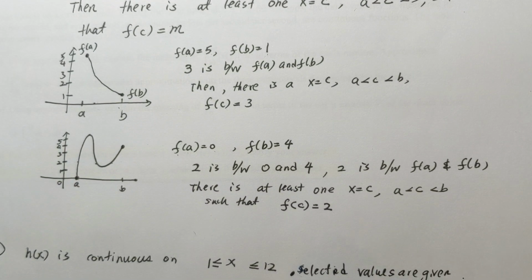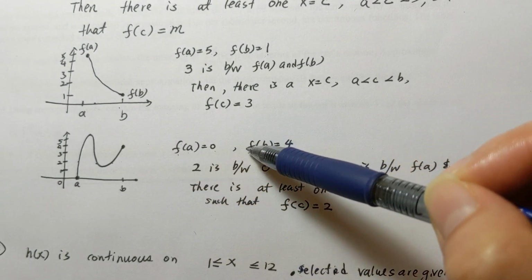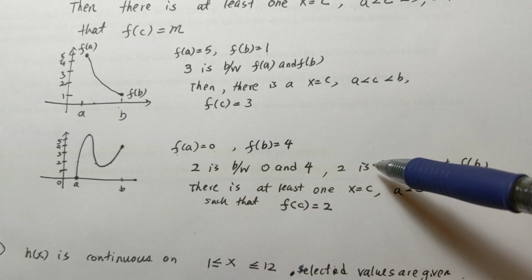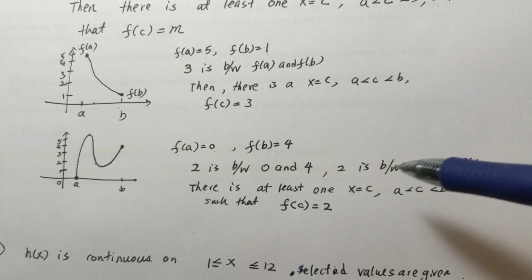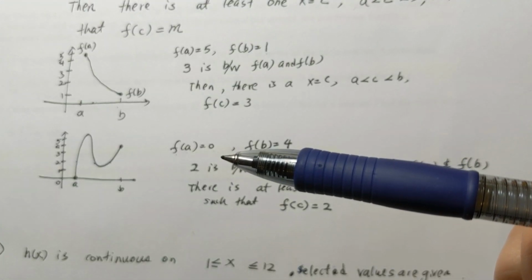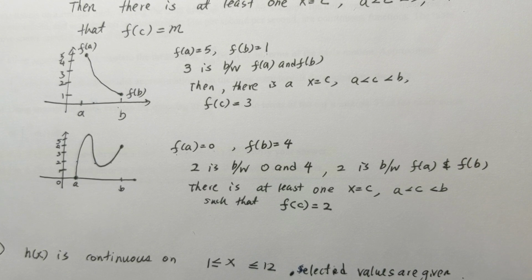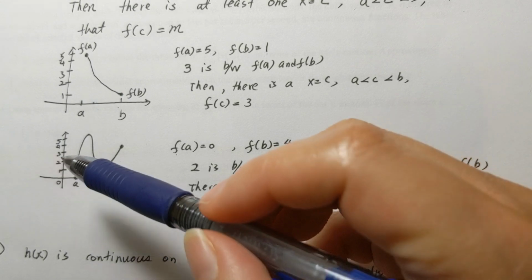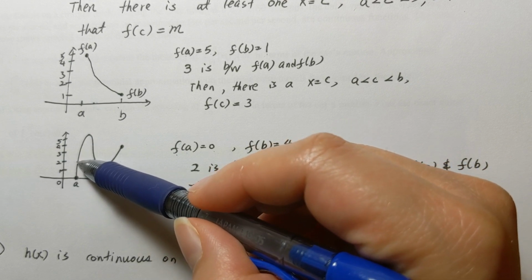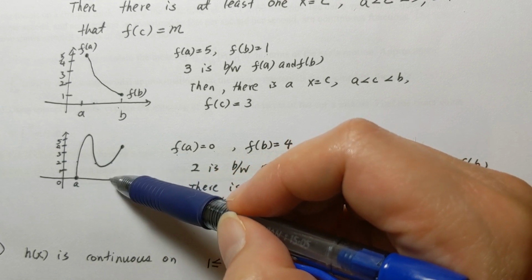So now look at another example. F of a equals 0, f of b equals 4, and 2 is between 0 and 4. So 2 is between f of a and f of b. If the y value is 2, we can say there will be at least one x value that gives the y value equal to 2. So c1, c2, c3.